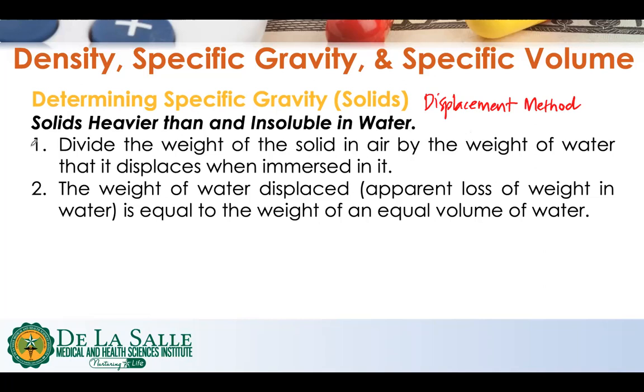So the first case is for solids heavier than and insoluble in water. To determine the specific gravity of these kinds of solids, we need to first divide the weight of the solid in air by the weight of water that it displaces when immersed in it. The weight of water displaced, or the apparent loss of weight in water, is equal to the weight of an equal volume of water.